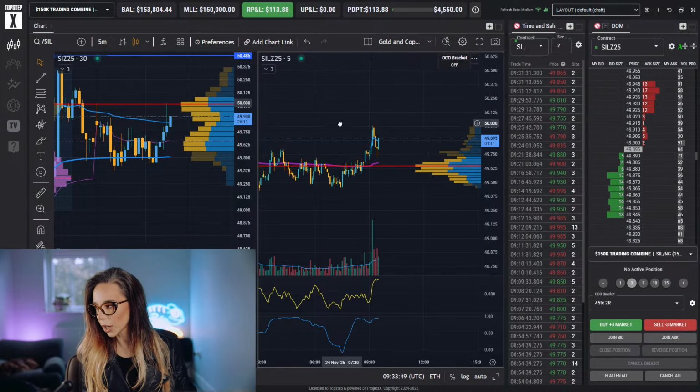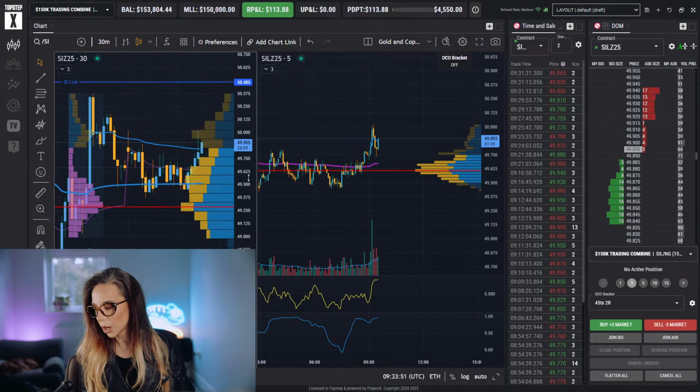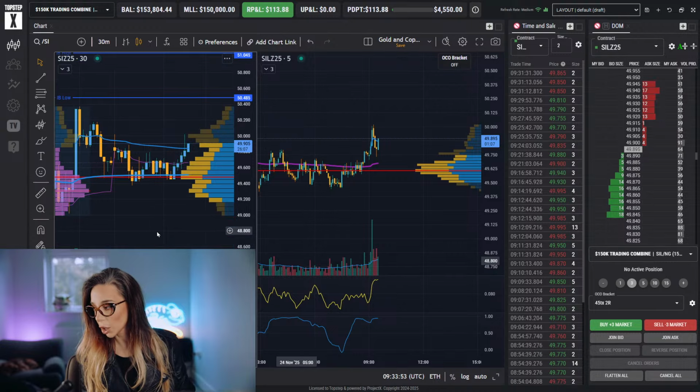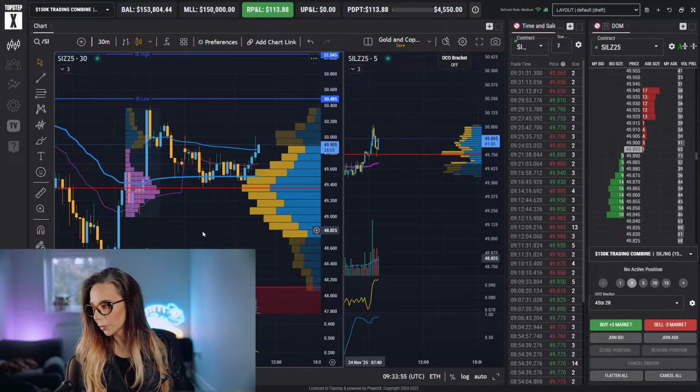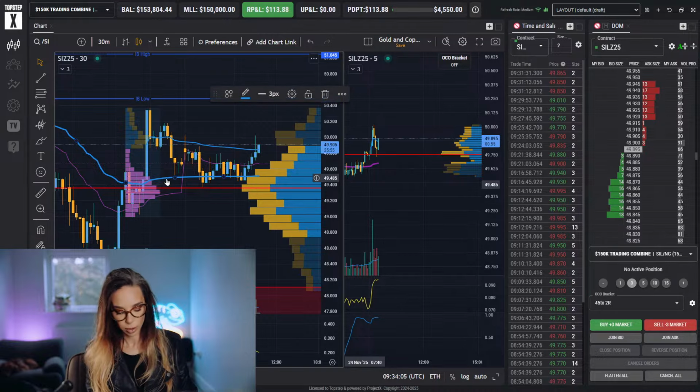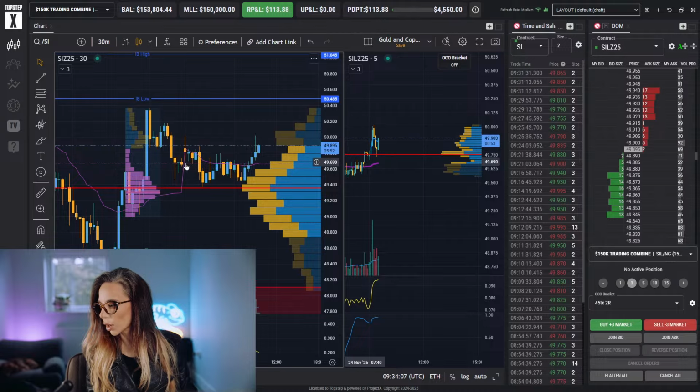So the first thing that I like to do is to mark off Asia high and Asia low. Let me just see what I've got on the chart here. So let's just delete some of the old reference points here.